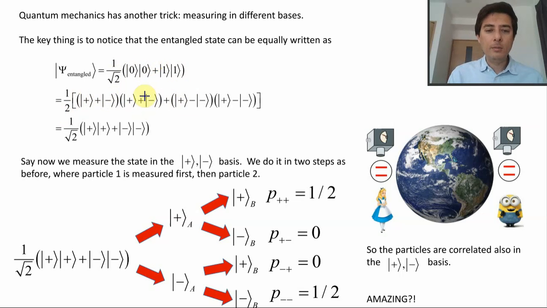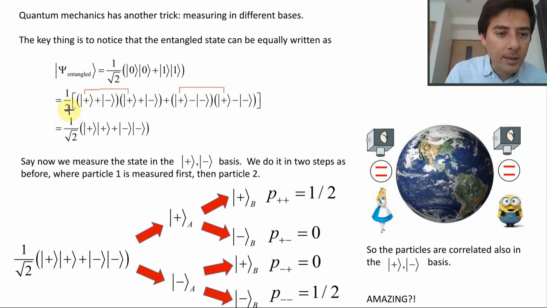If we substitute that and simplify, the plus-plus combination has the same sign on both terms, so they get a factor of 2. Actually, I think I'm missing a square root of 2 here.